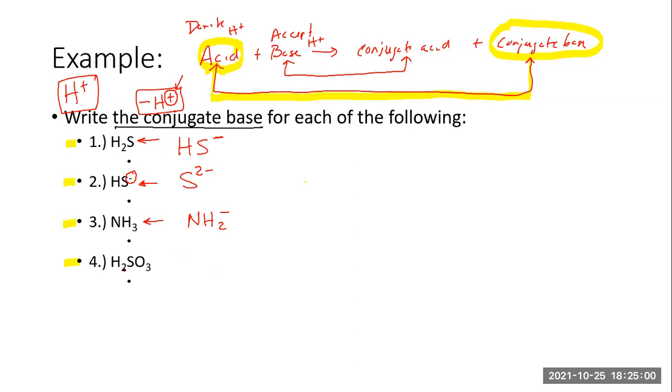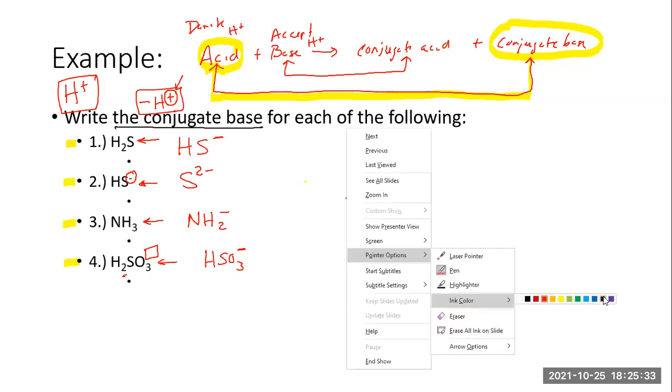And lastly here, we're going to take away an H. That's still going to leave us an H, HSO3, again, no charge here, which means we will take away the positive and become one more negative here. So these would be the conjugate base for each of these guys. Any question on those? Again, the difference between each of these is just one H plus, which is definitely what it should be. Any questions on that there?